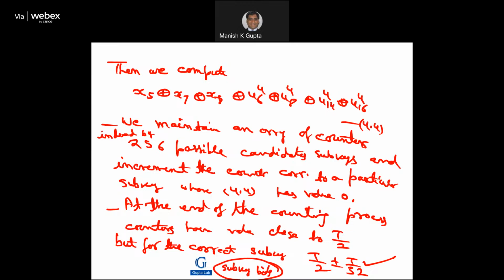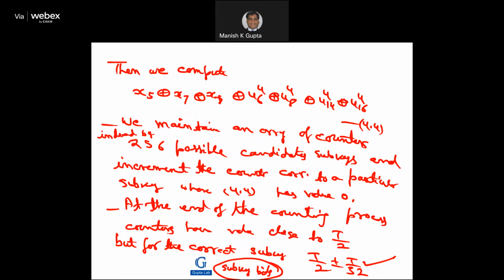At the end of the counting process, the counters will have values close to T by 2, where T is the number of pairs, in this case 8,000. But for the correct subkey, this value is T by 2 plus or minus T by 32. That is how we obtain the values of the keys.